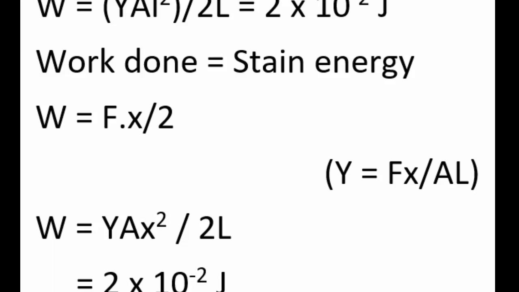This work done is half force into extension. In terms of Young's modulus, the same work done can be written as half Young's modulus into area of cross section into extension square upon the original length. Substituting the values, the answer comes out to be 2 into 10 raised to minus 2 joules. Don't forget to convert all quantities into SI system before substituting.